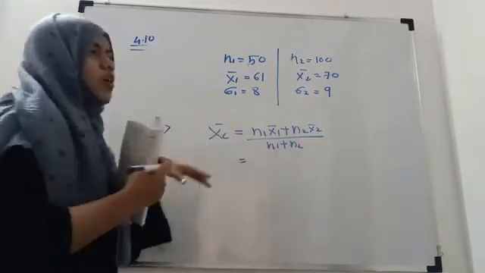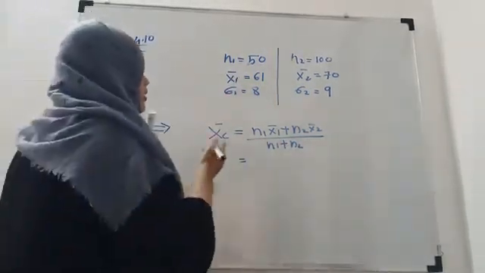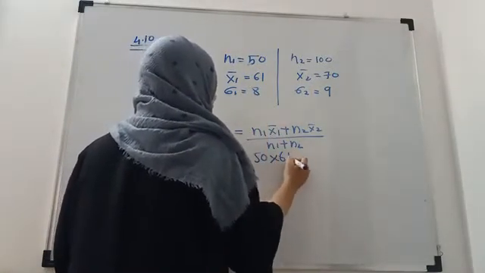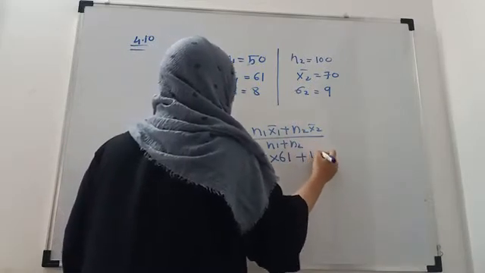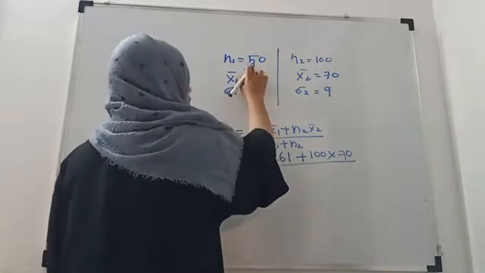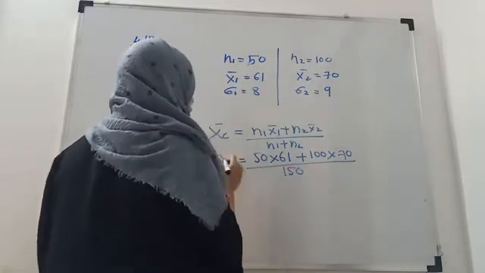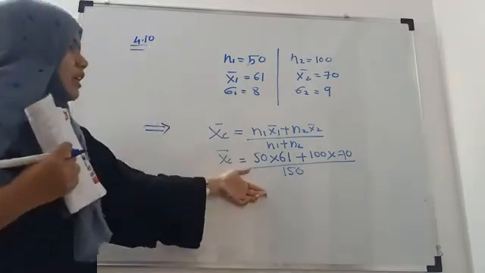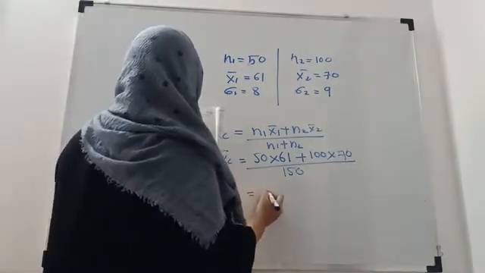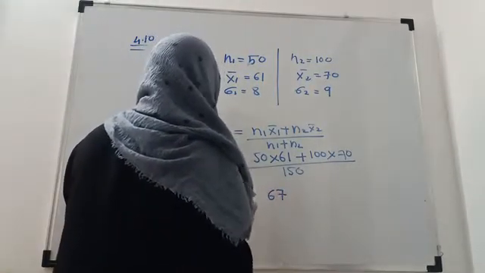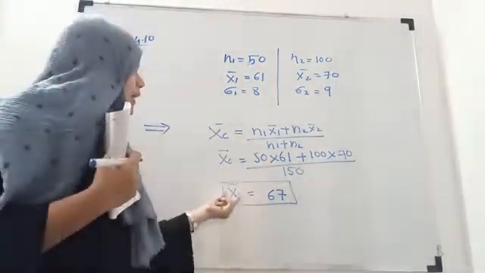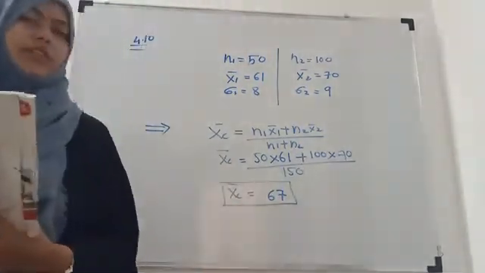We substitute the given information: n1 is 50 into x1 bar 61, plus n2 is 100 into x2 bar 70, divided by 50 plus 100, that is 150. You can do this calculation on a calculator. After calculating, you will get the combined mean equal to 67.